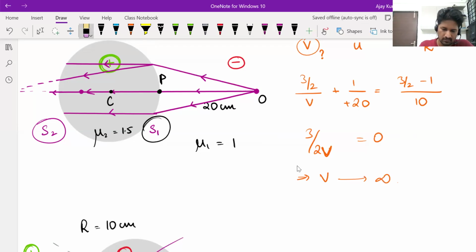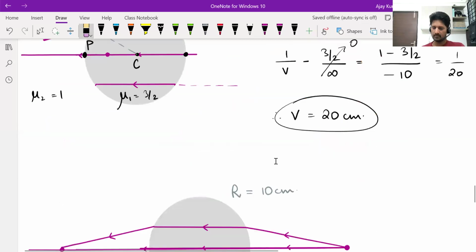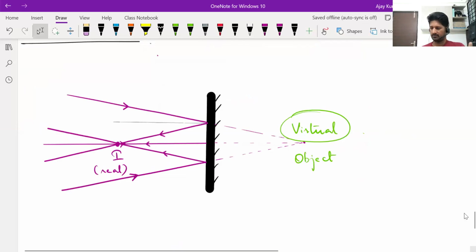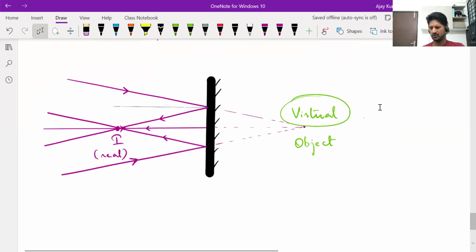Okay. We'll actually solve a problem. We'll understand whether to take the object distance positive or negative, all those doubts will still be there. We'll discuss. Let's apply it to a plane mirror itself. Now you all know the mirror formula. 1 by v plus 1 by u is equal to 2 by R or 1 by f. Any of them you can use.